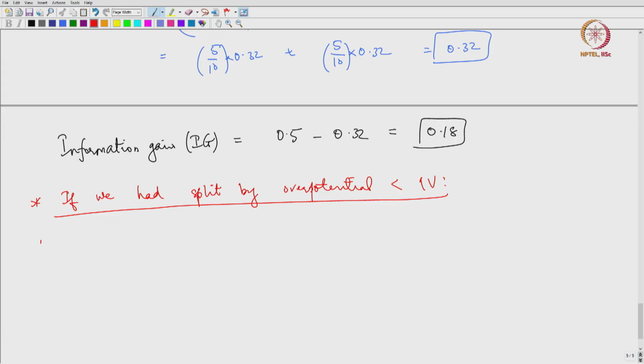So, for the left region, you will have to compute p hat yes good and p hat yes bad here.